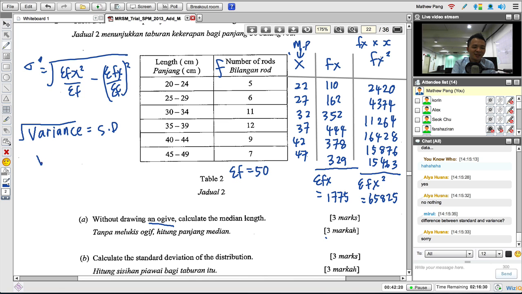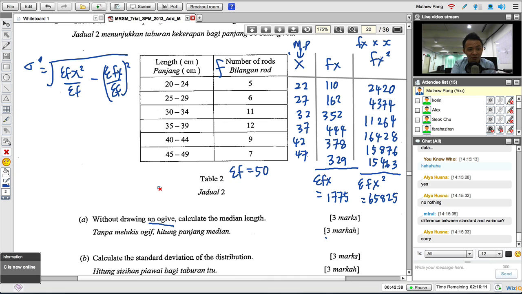So you can say variance is actually standard deviation squared. But I prefer the first one. This is the relationship between standard deviation and variance. So if I got the final answer here, I just need to square my standard deviation, then I can get the variance easily. Okay, I hope I answered your question.